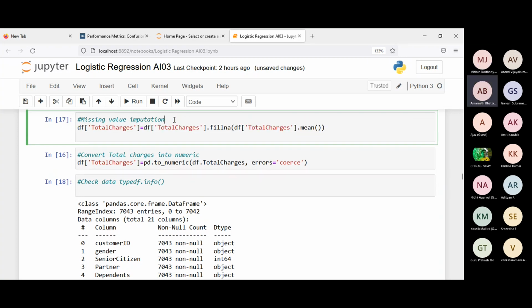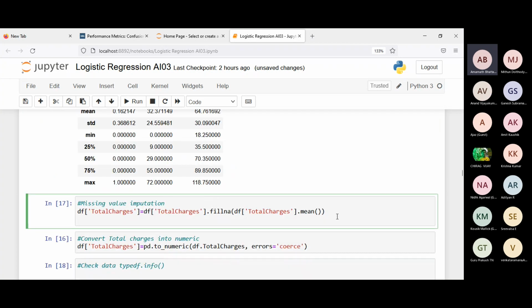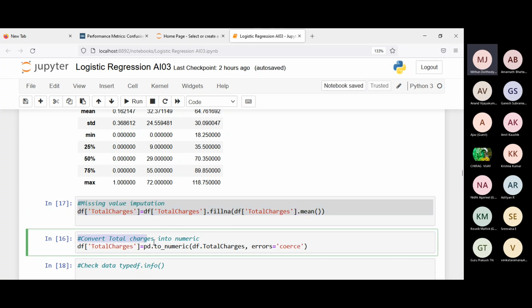Sir, can you send it, please? This is the missing value imputation part of it first. Then total charges into numeric.